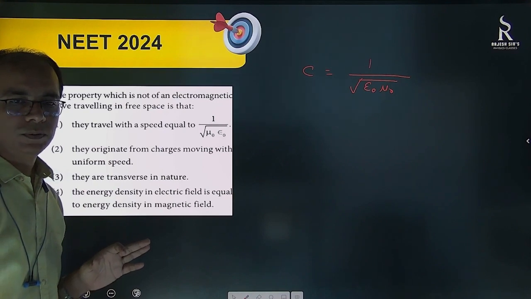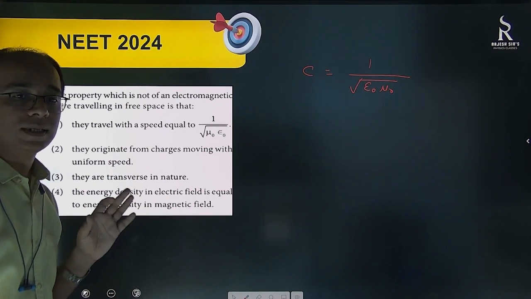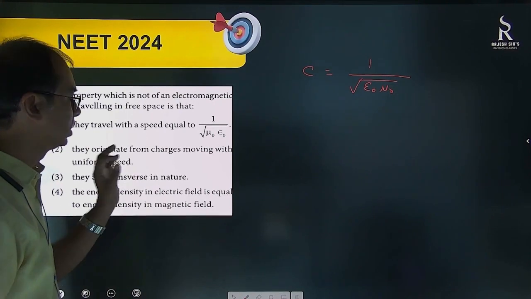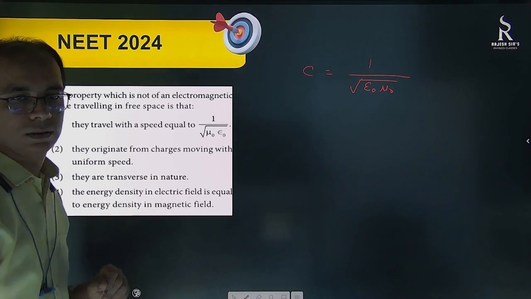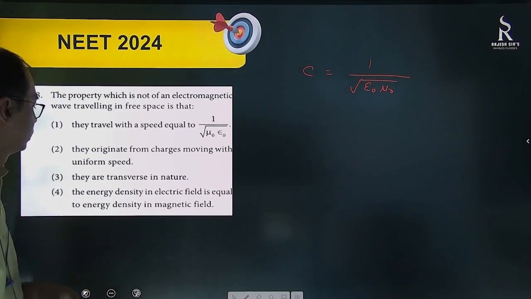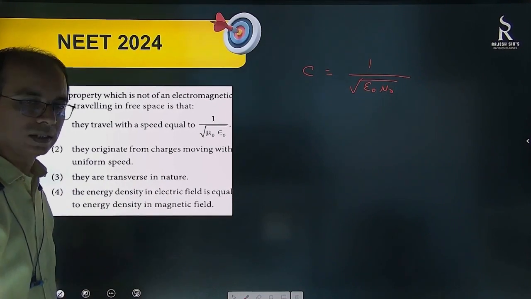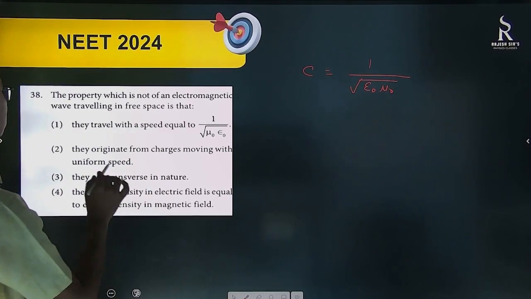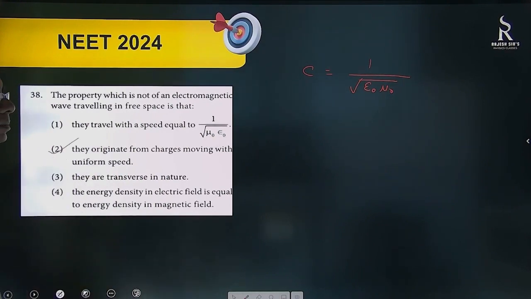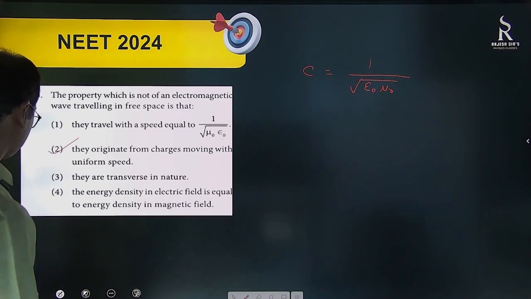No, when charge accelerates. So this seems to be wrong, but okay, fine. Third one, they are transverse in nature. Yes, electromagnetic waves are transverse. The energy density in the electric field is equal to the energy density in the magnetic field. Yes. So what we have to find is the property which is not of an electromagnetic wave. The second one. Okay, next.